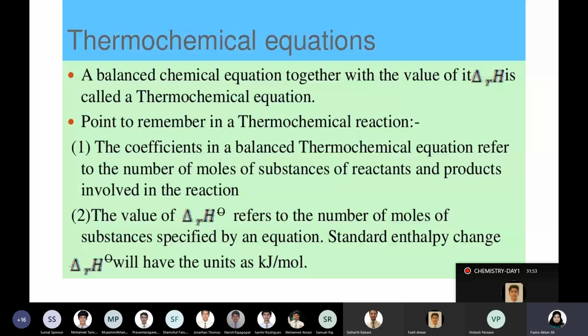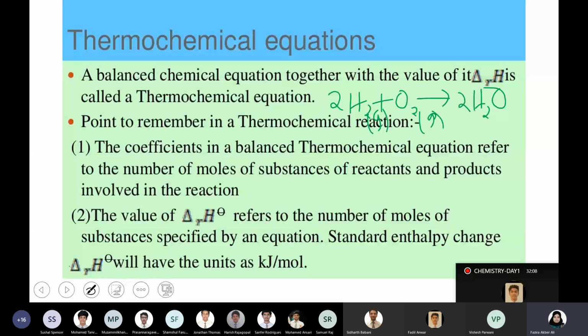For example, if I write 2H2 plus O2 giving 2H2O, this is a balanced chemical equation. We write hydrogen as a gas, oxygen as a gas, and H2O as a liquid. So this is a normal balanced chemical equation.